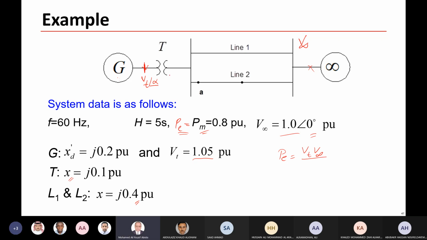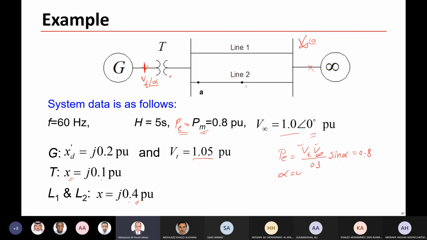So you have here the transformer and the 2 lines in parallel, so 0.3. P_e = (V_T × V / 0.3) sin alpha. The angle in between is alpha minus 0. So this is equal to 0.8 per unit. V_T is given 1.05, and this is 1. And in this case, you can get alpha. Okay, now alpha, we can get it.